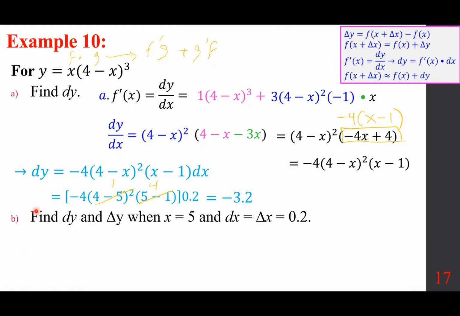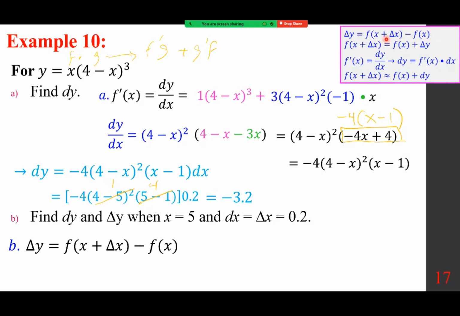To find delta y, we are going to use this formula, f of x plus delta x minus f of x, which means f of 5.2 minus f of 5. So we're going to replace the x with 5.2. That gives us an answer.